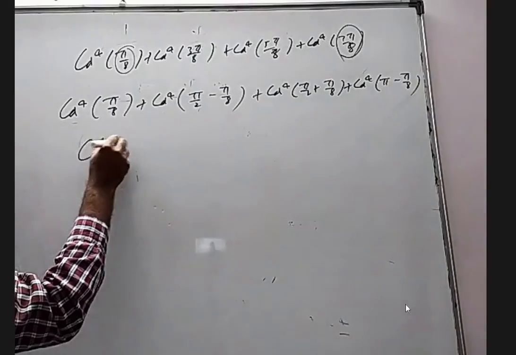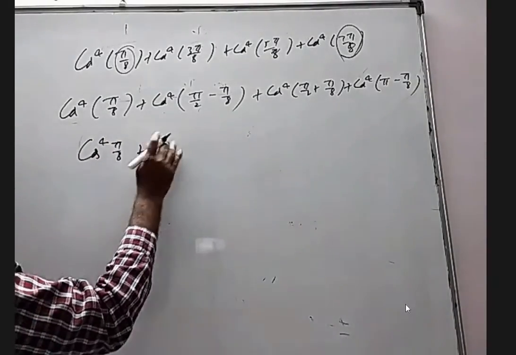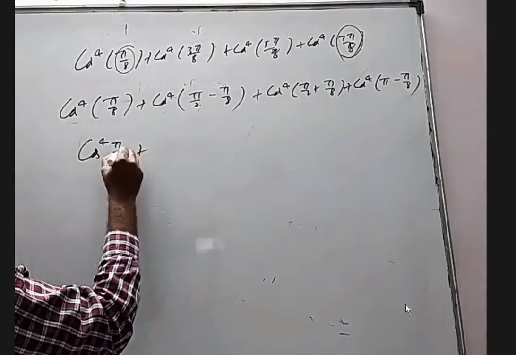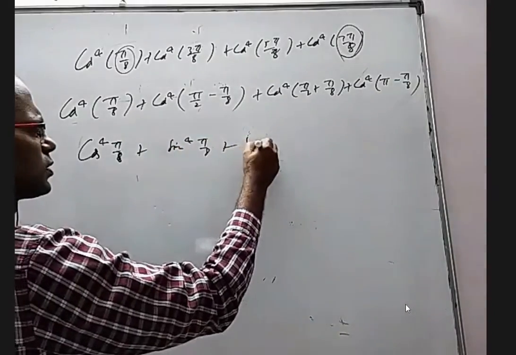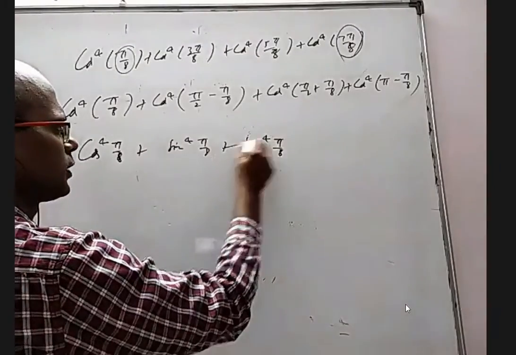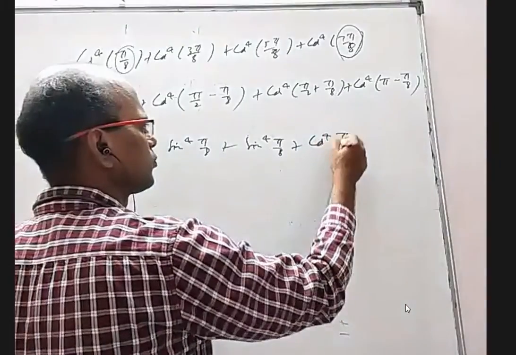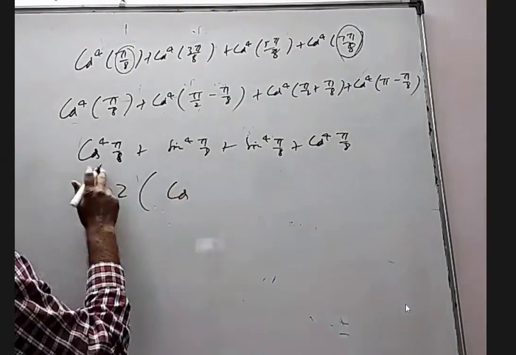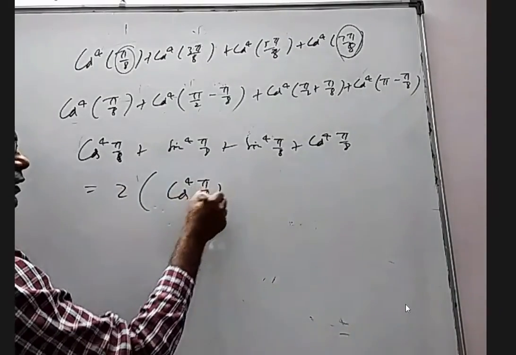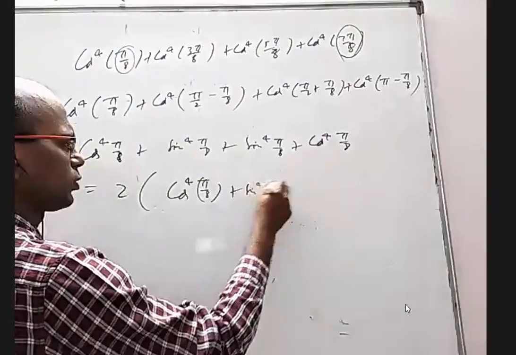So you will get cos power 4 pi by 8. Cos of 90 minus theta is sine, so this will be sine power 4 pi by 8. This is also sine power 4 pi by 8. This is cos power 4 pi by 8. These two are the same, these two are the same. So 2 times cos power 4 pi by 8 plus sine power 4 pi by 8.